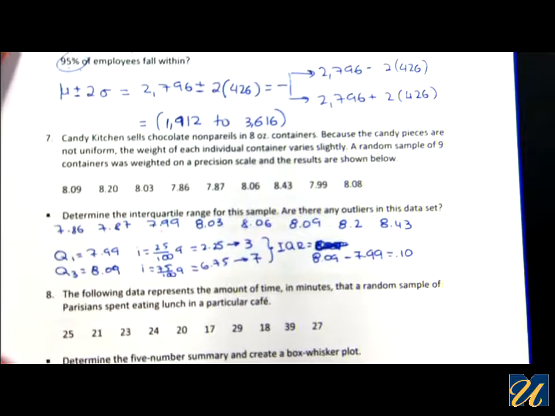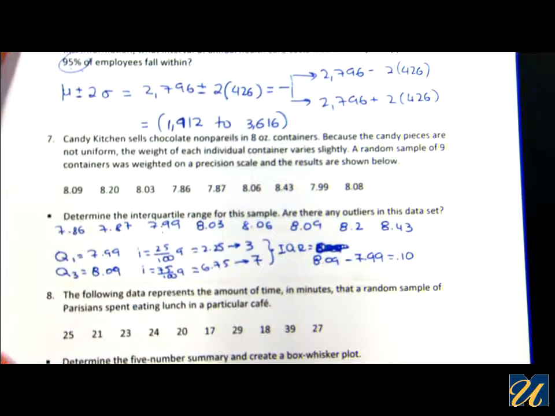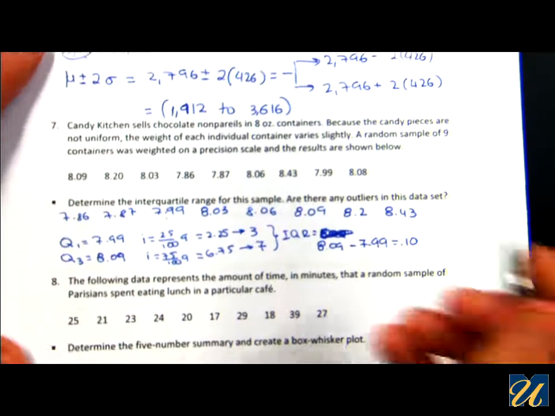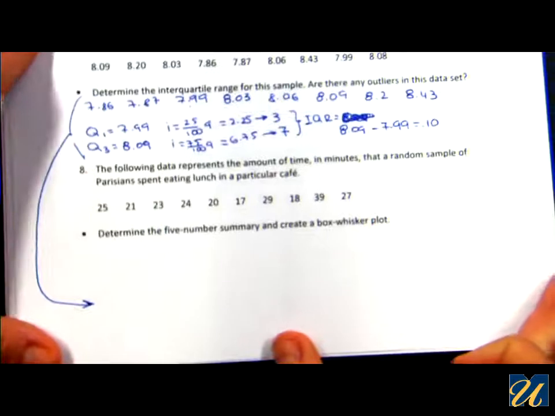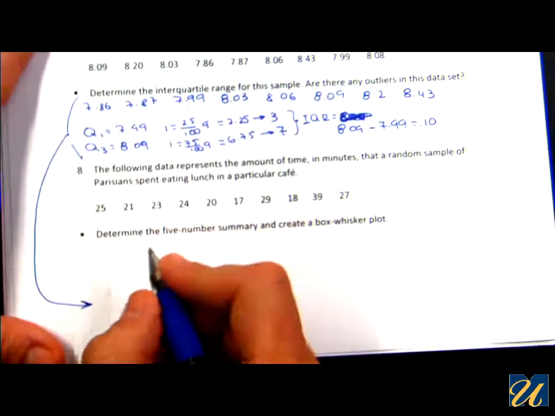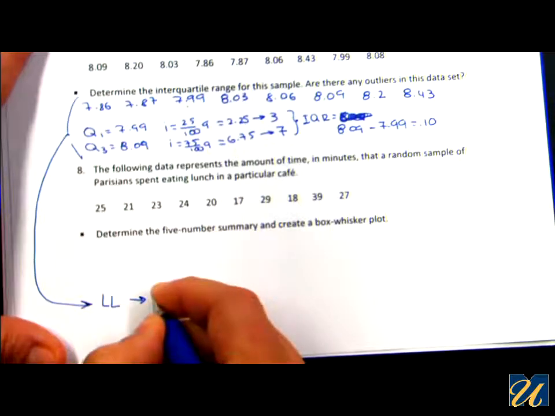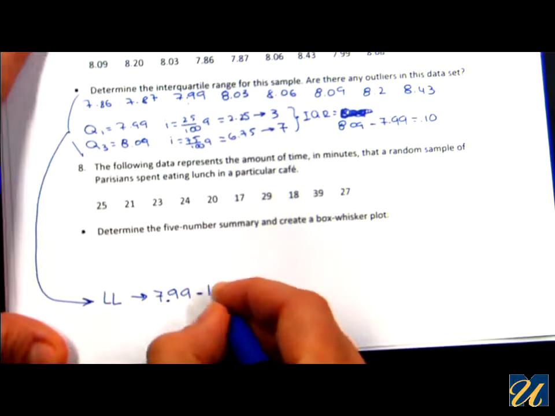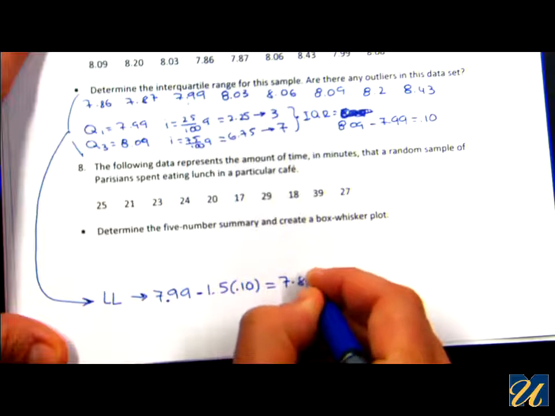Now, for the outliers, the upper limit and the lower limit, let me just bring the solution here. We will have, for the lower limit, 7.99 minus 1.5 times 0.1, which would be 7.84.